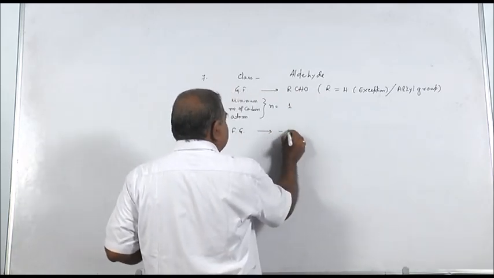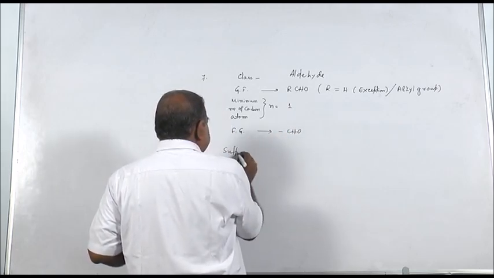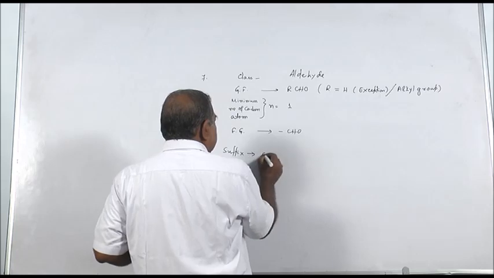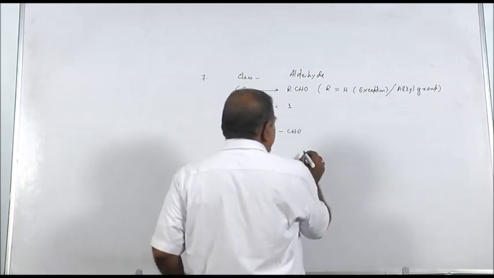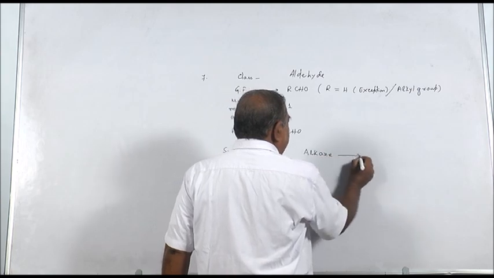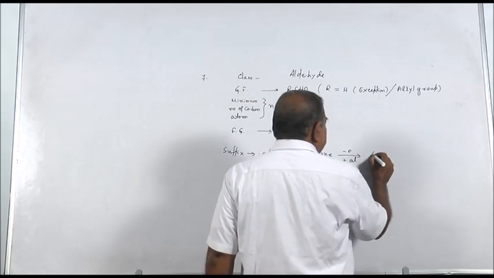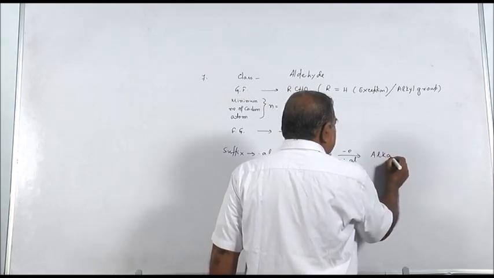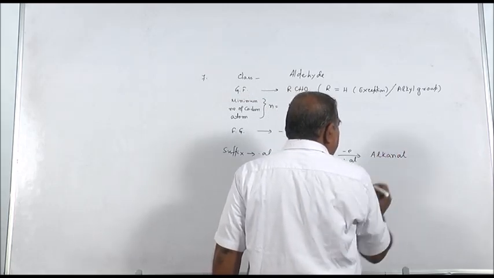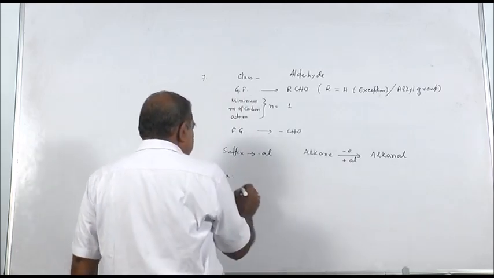The functional group is CHO. This class of compounds contains a suffix only, that is al. The last letter E of alkane is replaced by al. Therefore, the complete name is alkanal.